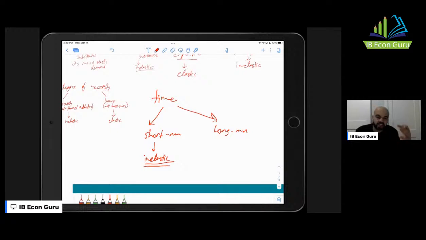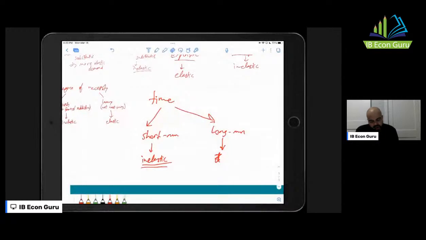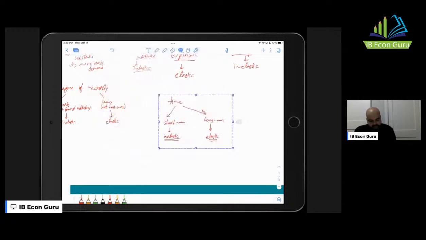Because when price changes, it takes time for consumers to adjust their spending and consumption habits. While in the long run, because they search for cheaper substitutes and they start to look for other brands or other products that can fulfill the same need, demand becomes more price elastic. So these are the four main determinants of price elasticity of demand.